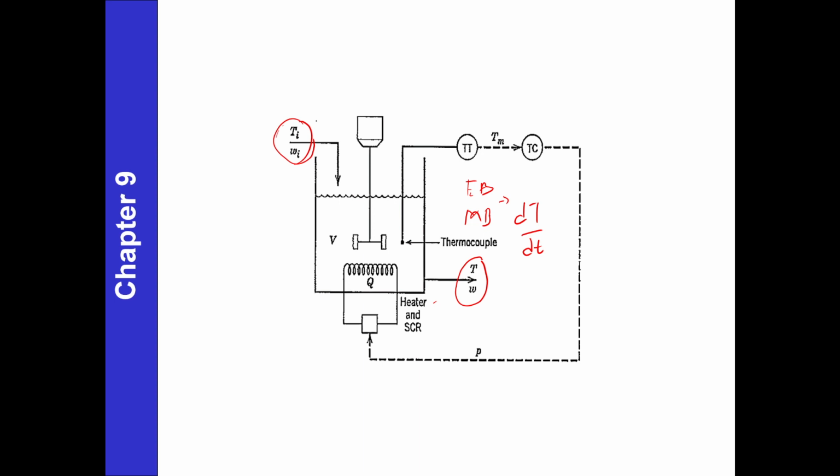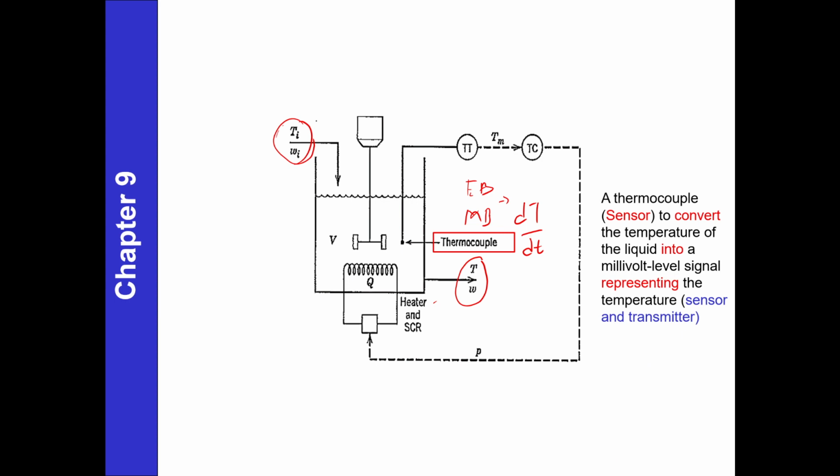Because the temperature is our control variable, what we need is a sensor. The first one is a sensor, which is basically a thermocouple. This is one type of sensor. It converts the temperature of the liquid into a millivolt signal that can be received by the transmitter.